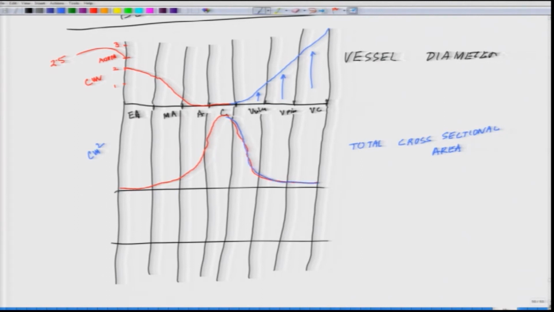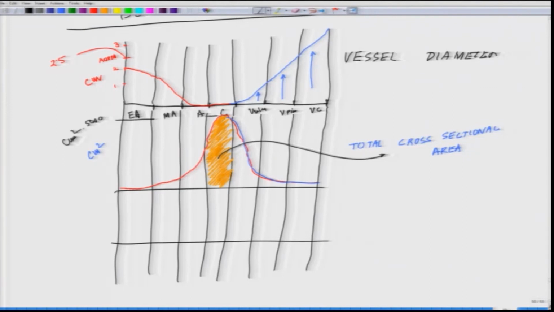If you look at this area, this is the area where you have the maximum total cross sectional area, and if you look at the values in terms of numbers, this will be around 5,000 centimeter square.